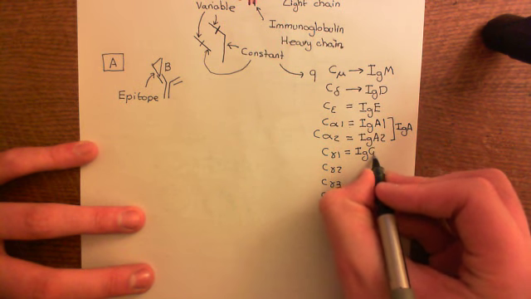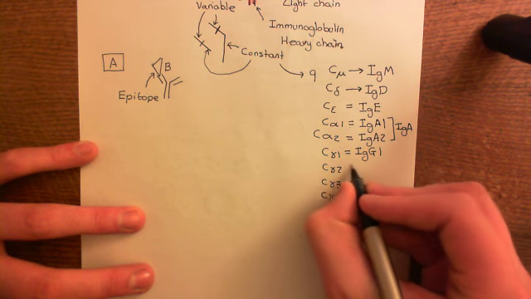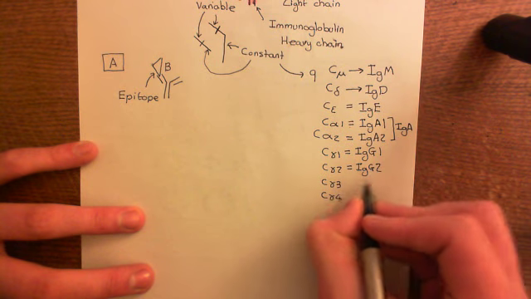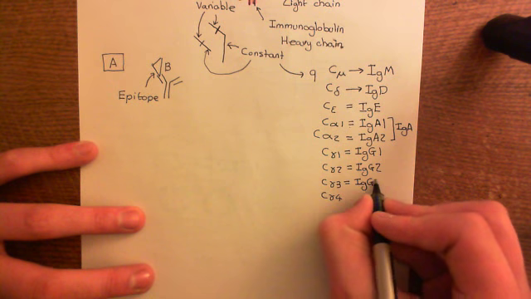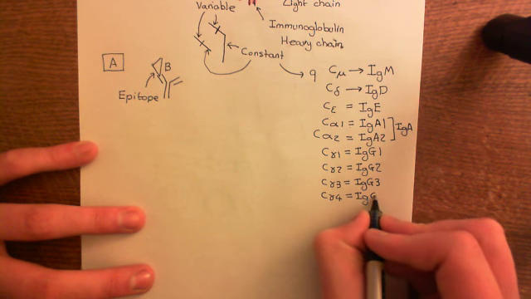And they would, strictly speaking, be called IgG1, IgG2, IgG3, IgG4, etc. But they're usually just referred to as IgG collectively. Okay, so these are collectively all referred to as IgG.